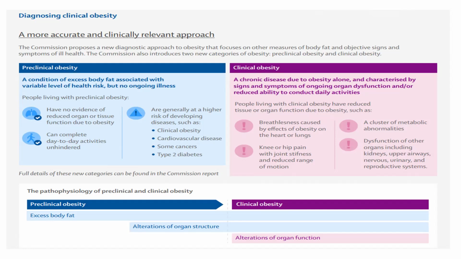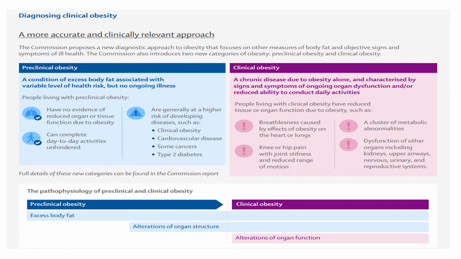So, patients with clinical obesity are defined as those having reduced tissue or organ function due to obesity, such as breathlessness, which is caused by the effect of obesity on the heart and the lungs, knee or hip pain, joint stiffness, and reduced range of motion. All these are the signs and symptoms which I was referring to in the previous slide. They may have a cluster of metabolic abnormalities like hypertension and diabetes.